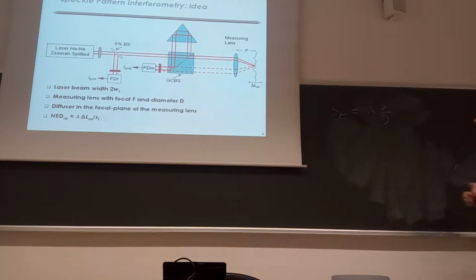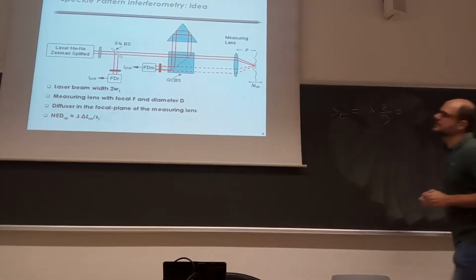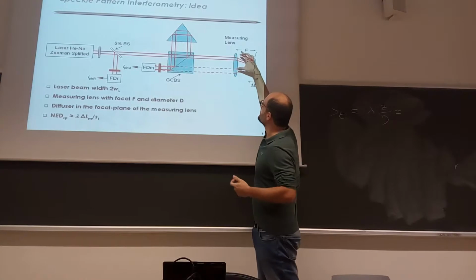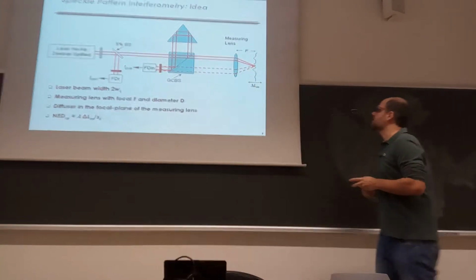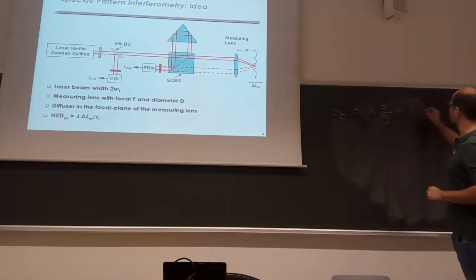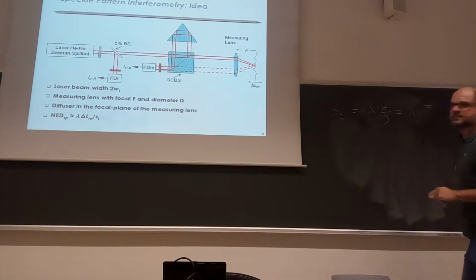Okay? So we can write, remember, we work in the approximation in which these two beams are close. This is the approximation that I'm using. So, in particular, Z becomes the focal length.